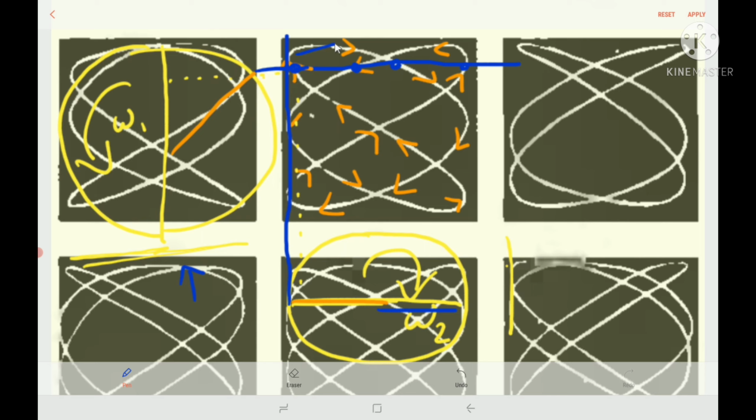So here and here the direction is upward, and in the other two the direction is downward. So what we get from here is that this point and this point are in phase with respect to the y component.